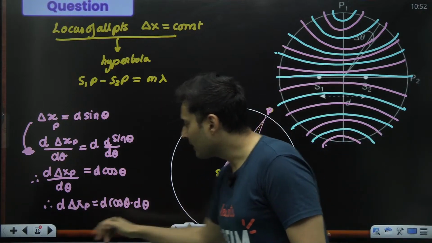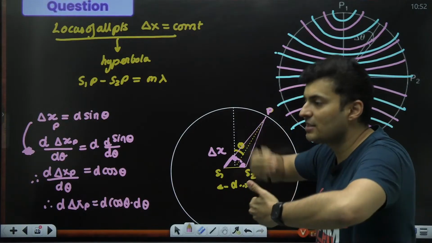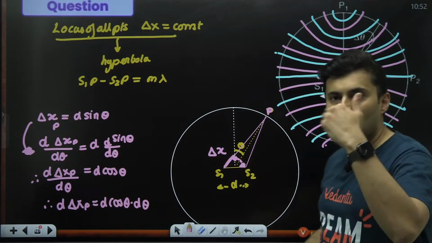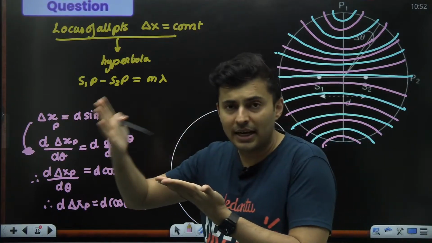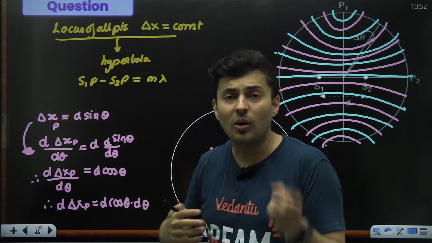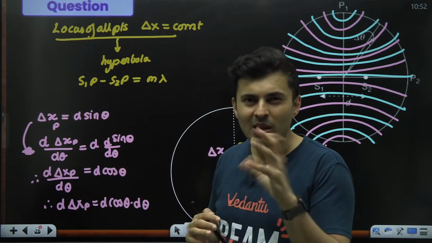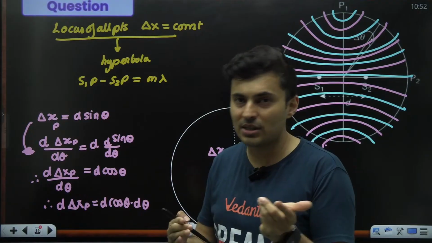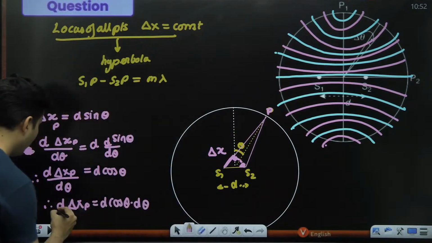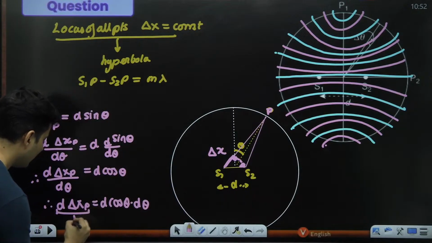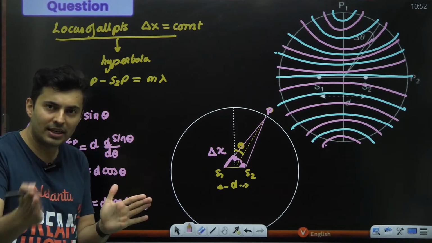This particular thing, the path difference from one bright fringe to the next fringe, will always be lambda, if you are considering consecutive fringes. Won't it be lambda, guys? Because you are looking from one fringe to the next fringe.